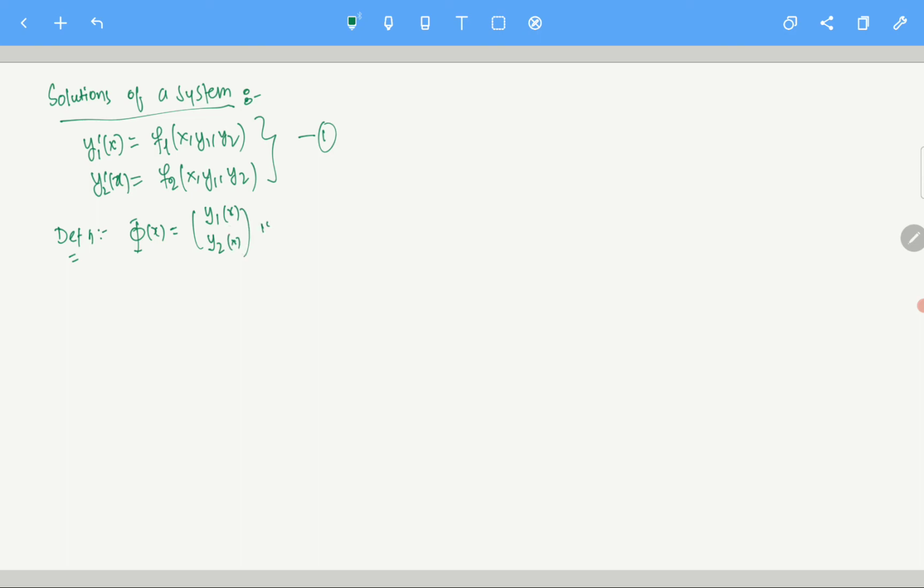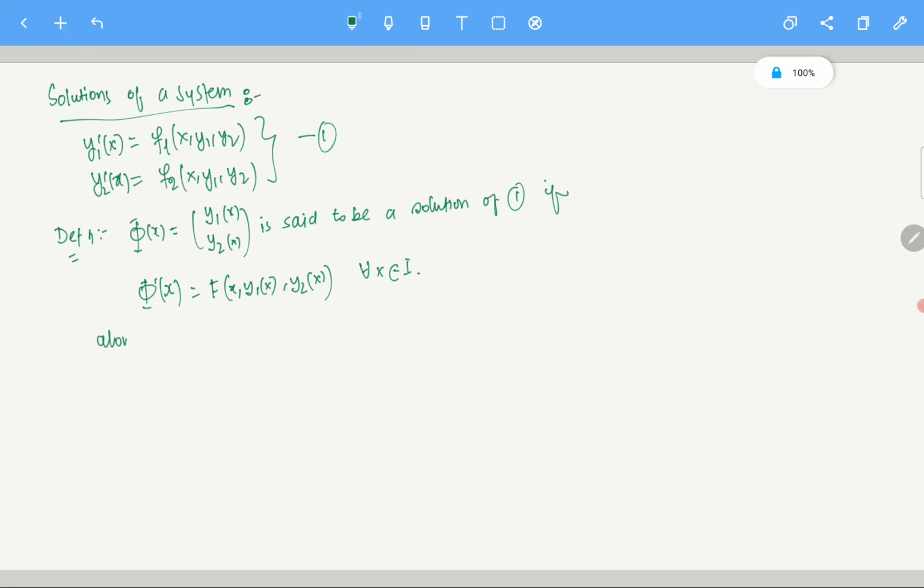So phi of x is said to be a solution of 1 if phi prime of x equals capital F of x, y1 of x, y2 of x for all x in I. So essentially I am saying that these two relations must hold for all x in I.